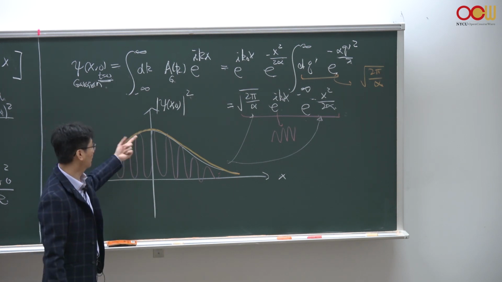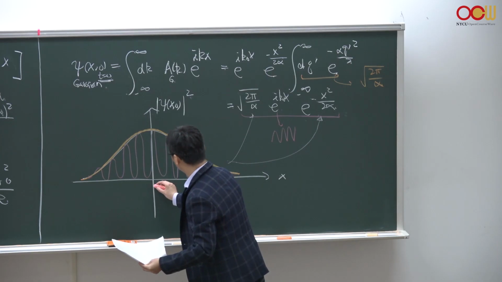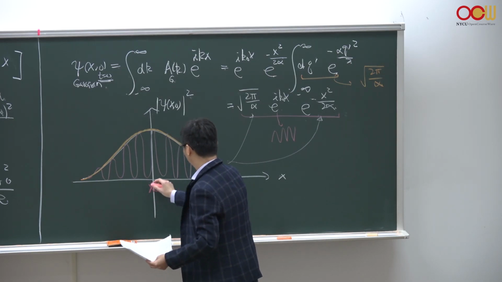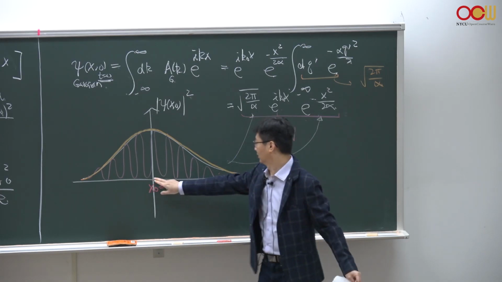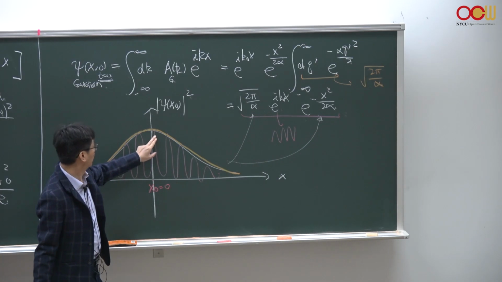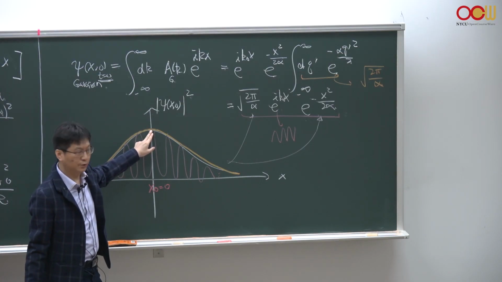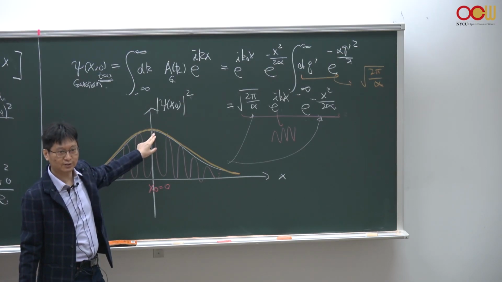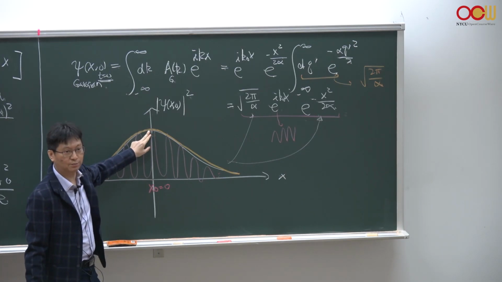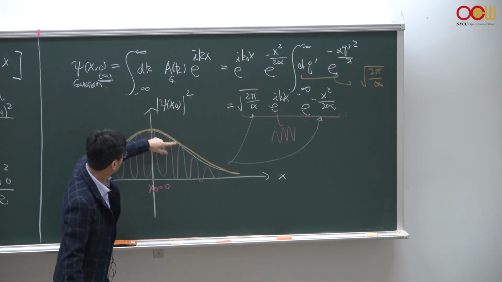Of course, the particle is most likely to be found at x0, here in the center, the origin, because it is the place where this probability distribution is maximized, right? So this is the most probable location where we will find this quantum particle. But there is another probability.